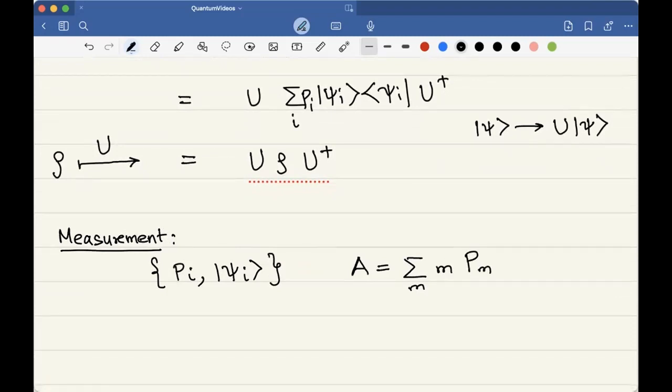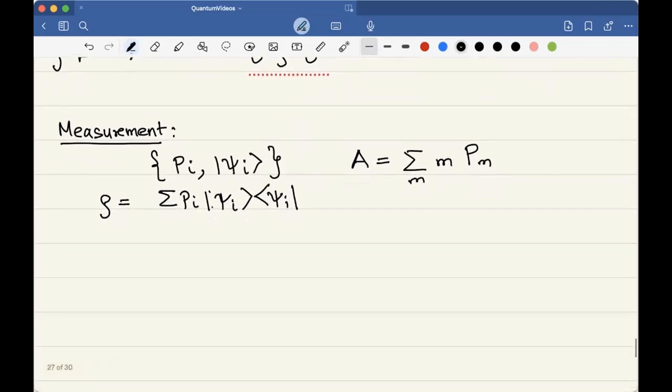So m are the eigenvalues and P_m are the projections onto the eigenspaces corresponding to them. The initial density matrix rho is the summation over i of p_i ket psi_i bra psi_i. Now let's see what happens when you measure these states.